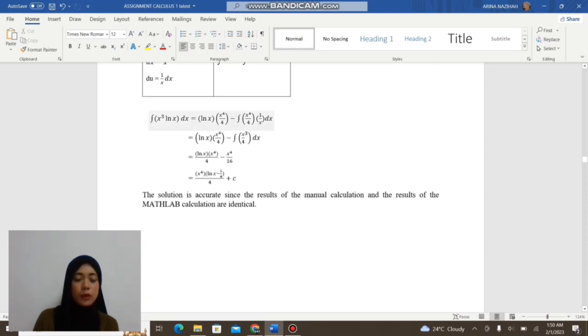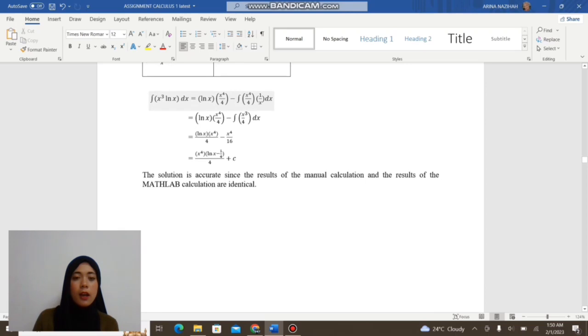And then we continue: integrate open bracket x to the power of 3 ln x close bracket dx equals open bracket ln x close bracket times open bracket x to the power of 4 over 4 close bracket minus integrate open bracket x to the power of 4 over 4 close bracket times open bracket 1 over x close bracket dx, and we got the answer x to the power of 4 over 4 times ln x minus 1 over 4, plus c.